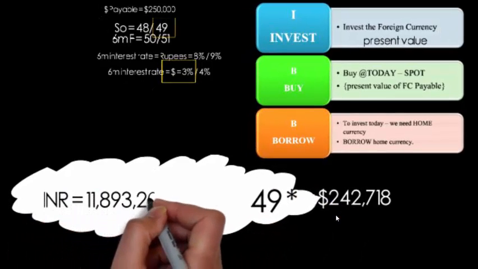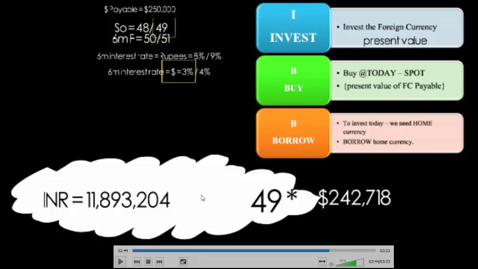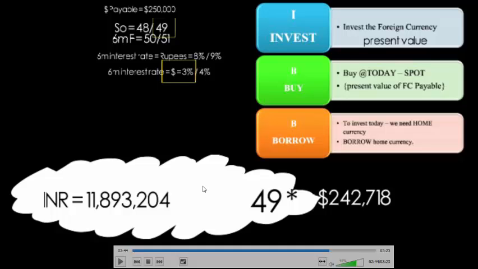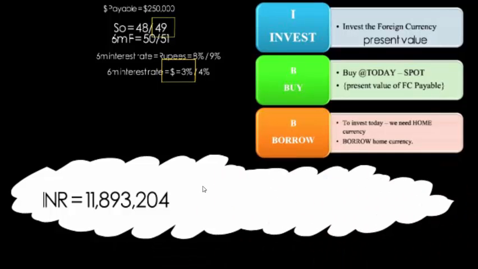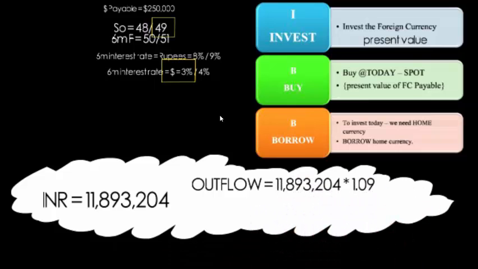So now we require Indian rupees, that is 11,893,204. We are not going to invest this amount out of our own funds. We are going to borrow this money. So the borrowing rate, as you can see, is 9%.